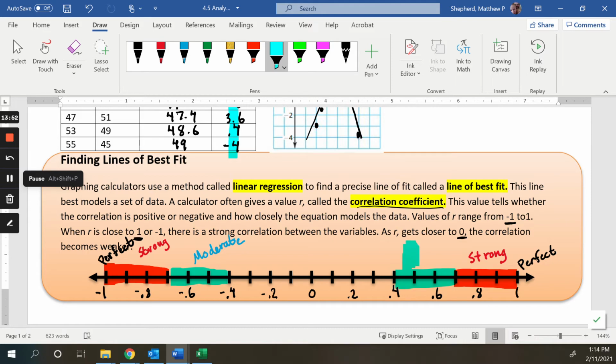So there's the moderate range. All right, next from about a 0.1 and up.